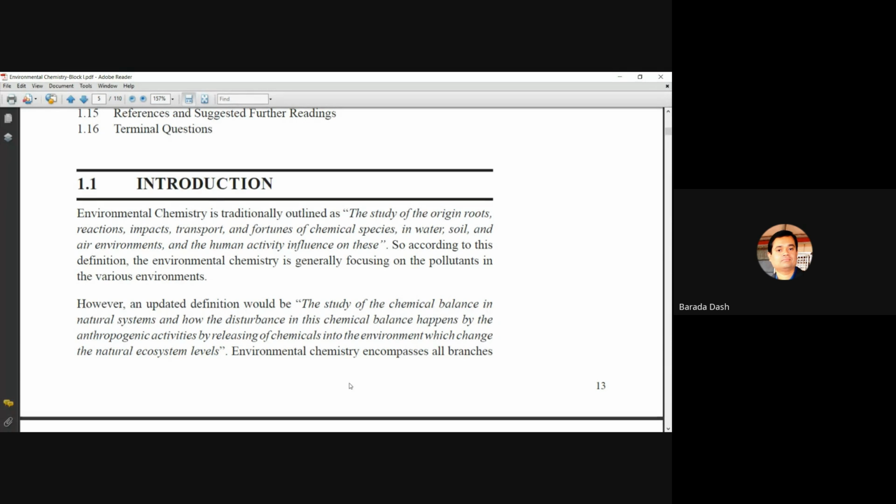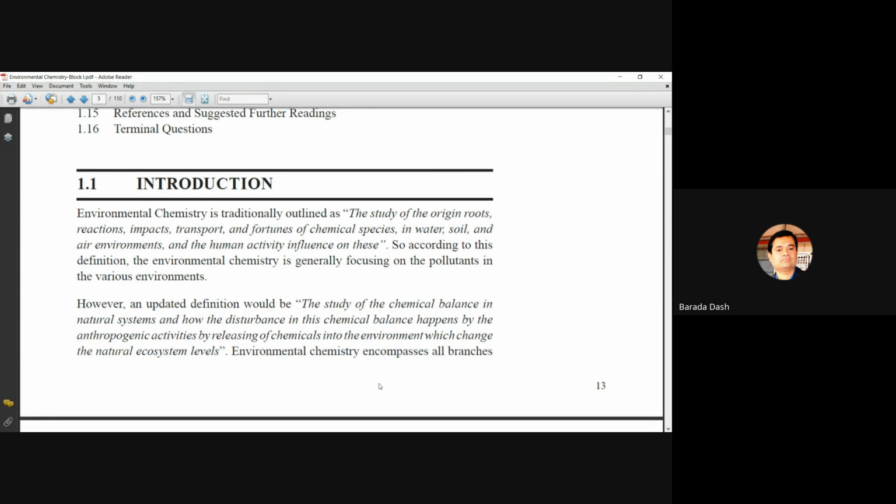So according to this definition, environmental chemistry is generally focusing on pollutants in the various environments. So basically, our aim is to focus on the pollutants. Which kind of pollutants? They pollute air, water, and soil basically, and their fate, transport, and their effect on human health.